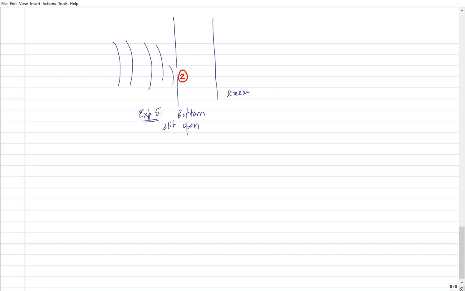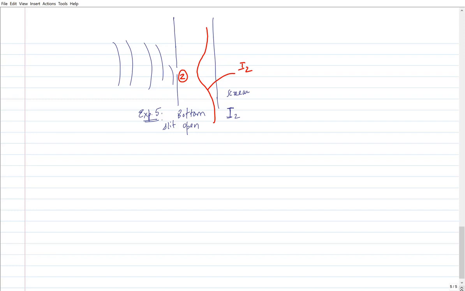And I again get an intensity pattern which looks like previously, I have this sort of an intensity pattern which I call I2 over here.